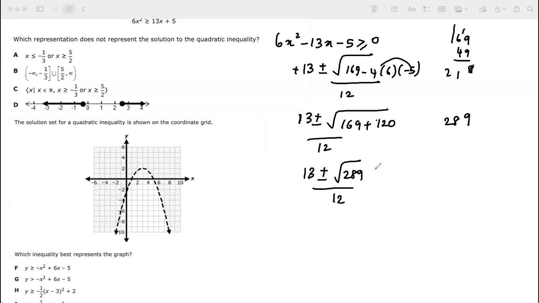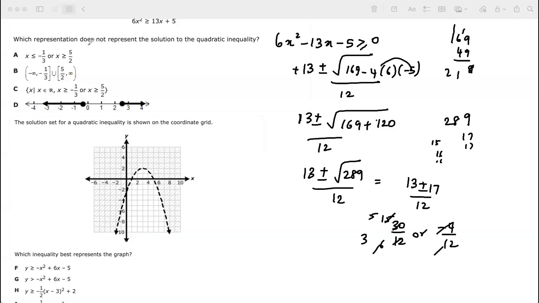What is the square root of 289? 17 and 17. So 13 plus or minus 17 by 12 is what I get. 30 by 12, or it is minus 4 by 12. So that gives you 15 by 6, which can be simplified to 5 by 2 or minus 1 by 3.